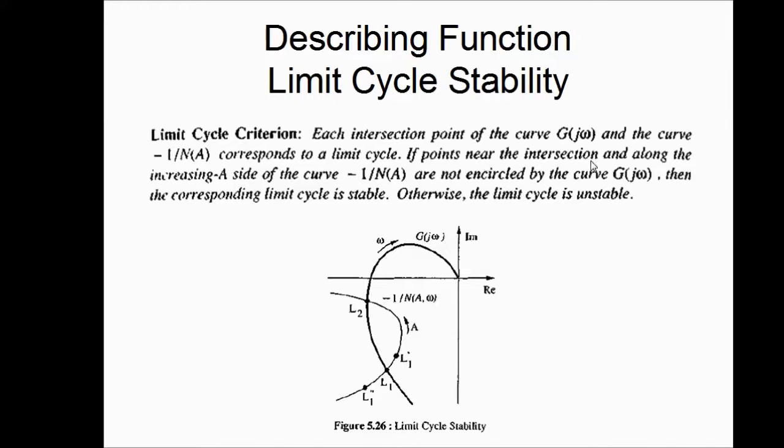So points near the intersection and along the increasing a side of the curve, this is the point of intersection. This is the increasing a side of the curve. If the increasing a side is not encircled by G(j omega), then the corresponding limit cycle is stable. Otherwise, the limit cycle is unstable.